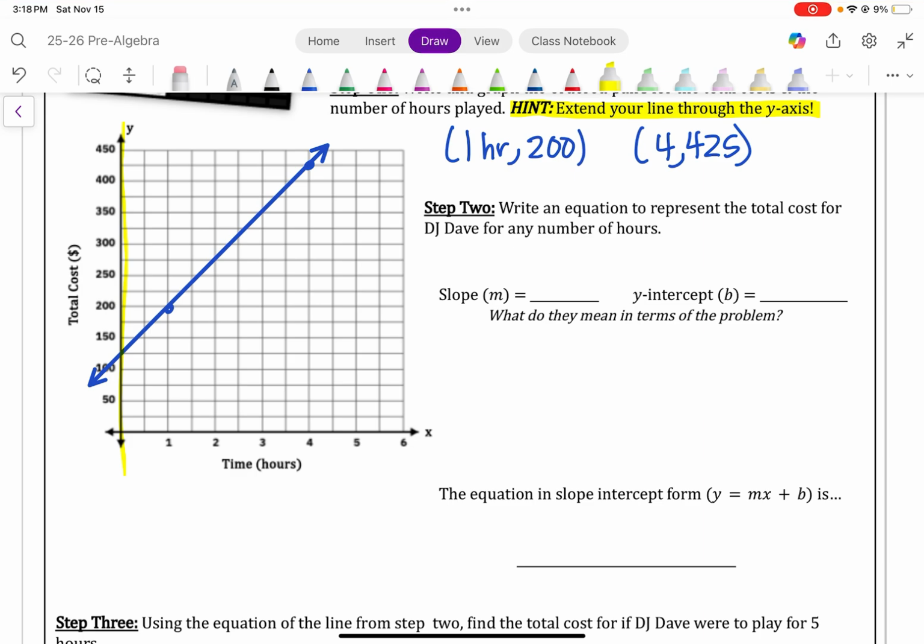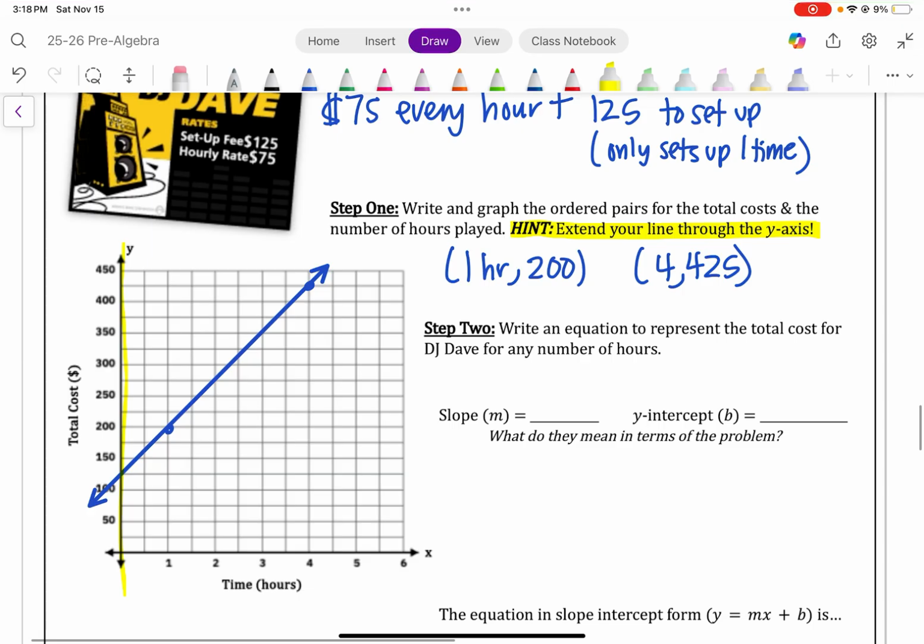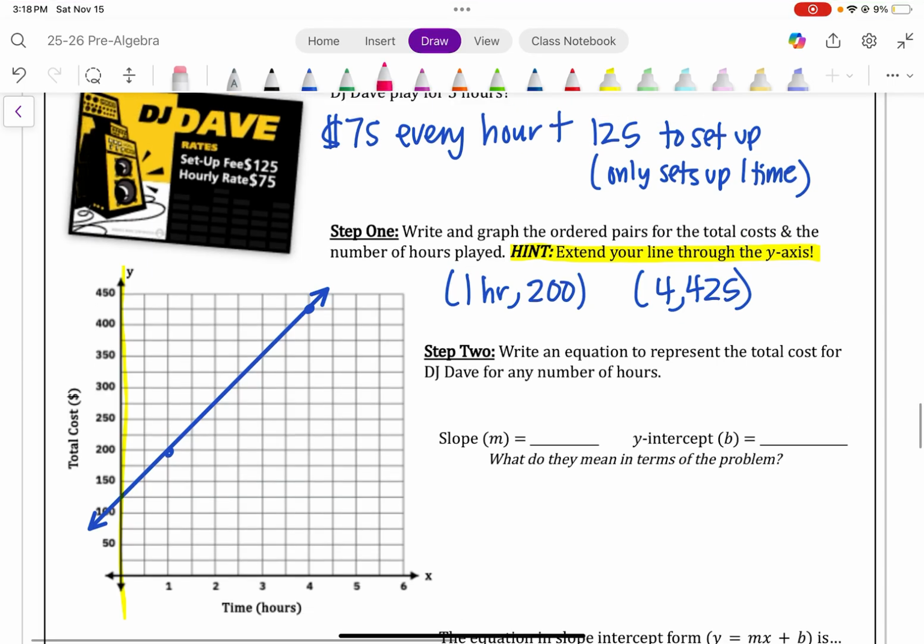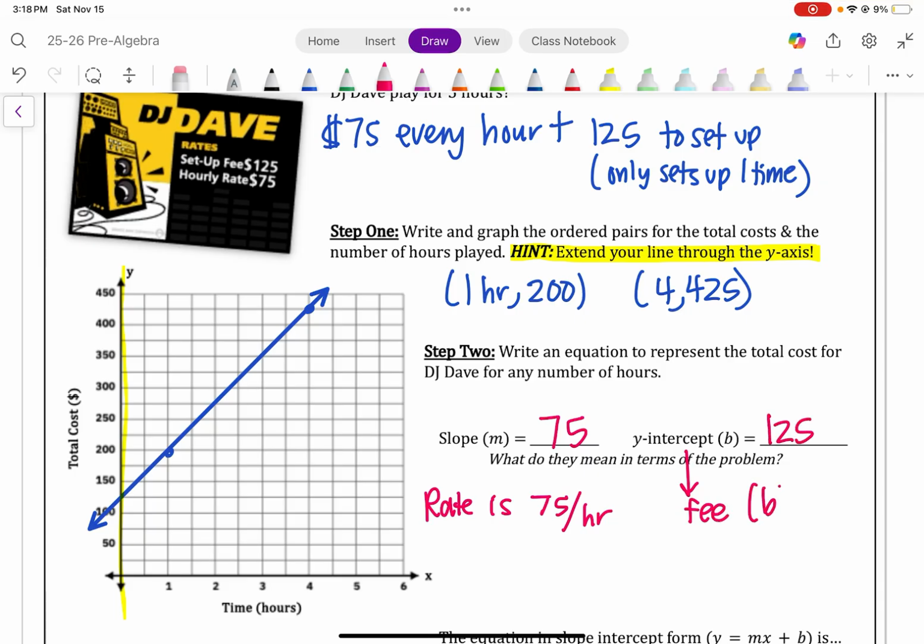Now, I can see from the picture that the rate is 75 an hour. So that's my slope. And the y-intercept is the fee, and that's 125, because when he sets up, he has played for 0 hours.